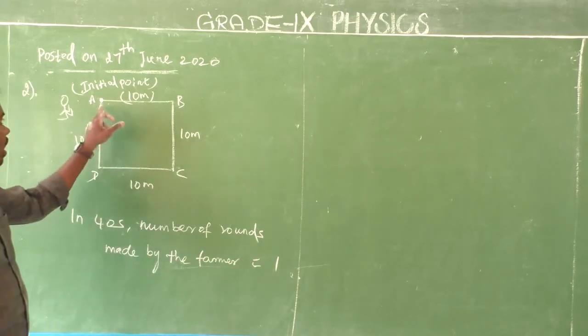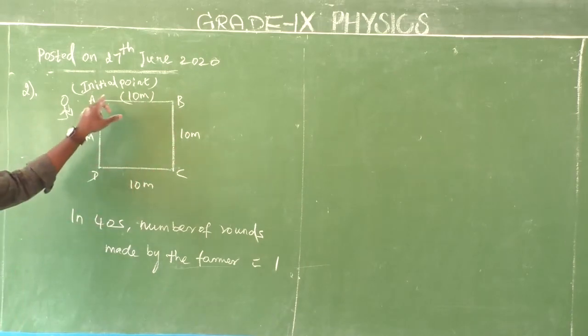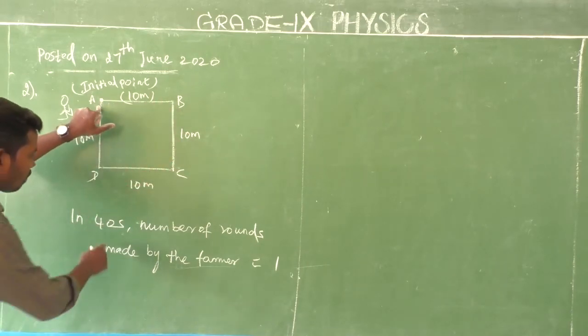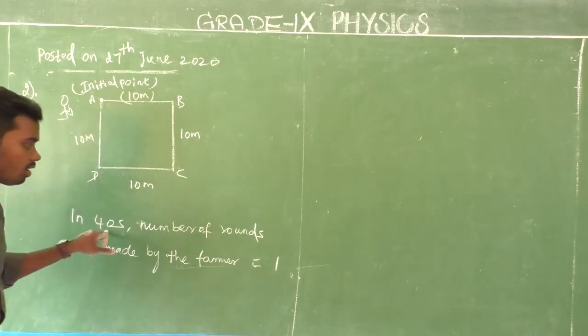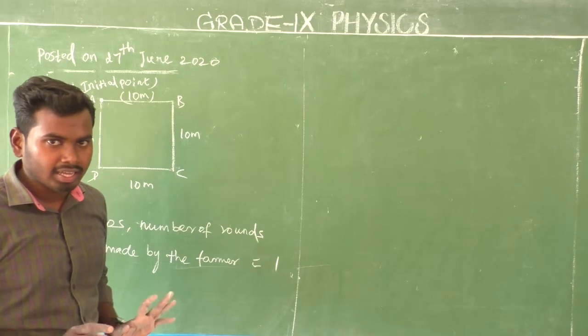Here the farmer completes one round in 40 seconds. That is the question. Is it clear? Yes.